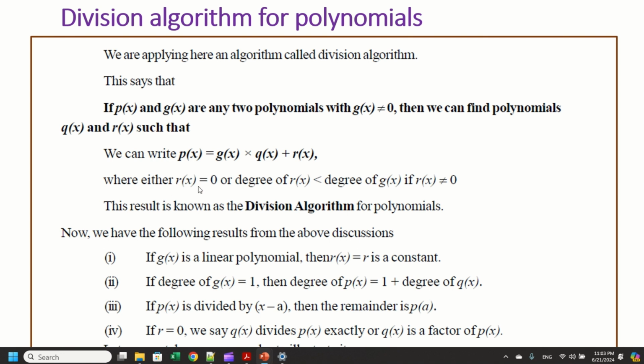Okay. If r of x equal to 0 or degree of r of x is less than g of x, this is where we stop basically, right? This result is known as division algorithm for the polynomials. Okay. If g of x is a linear polynomial, then r of x equal to r, you will get a constant basically. Okay. So these are the observations which you can make.